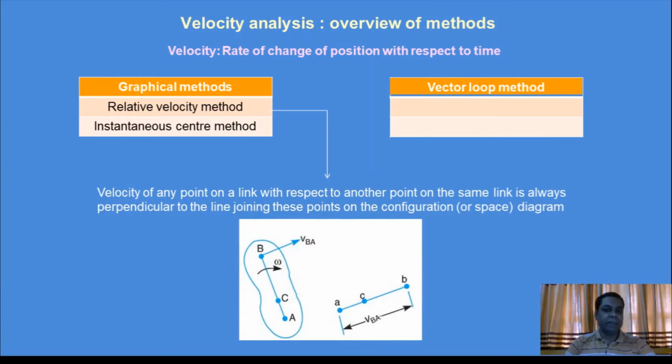As you can see in the given diagram, an irregularly shaped object on the left-hand side has a point A around which it is turning clockwise. At point B, the velocity component acting perpendicular to the line joining AB, because it is rotating with angular velocity omega, is called the velocity of B with respect to A, or velocity BA.